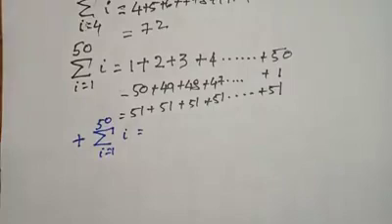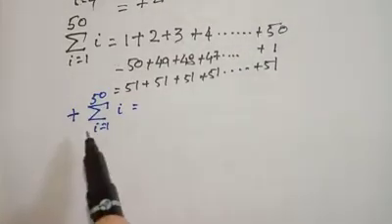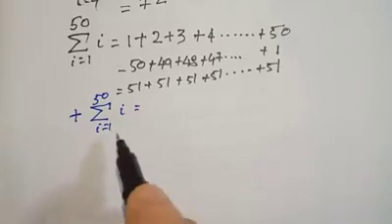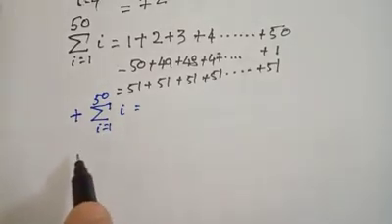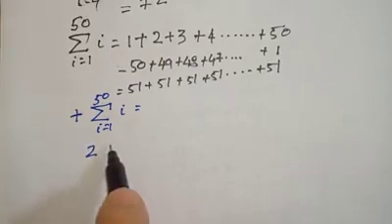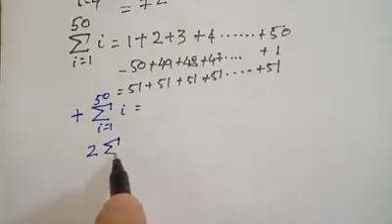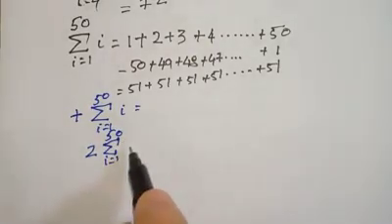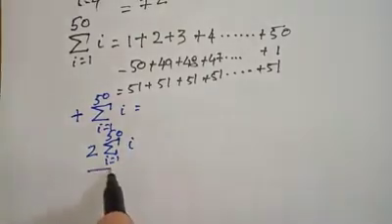And if I expand this part and multiply both of these by 2, let me rewrite it for you. So if I multiply by 2 on both sides, I get 2 times sigma I equals 1 till 50 of I, okay, whole divided by 2.